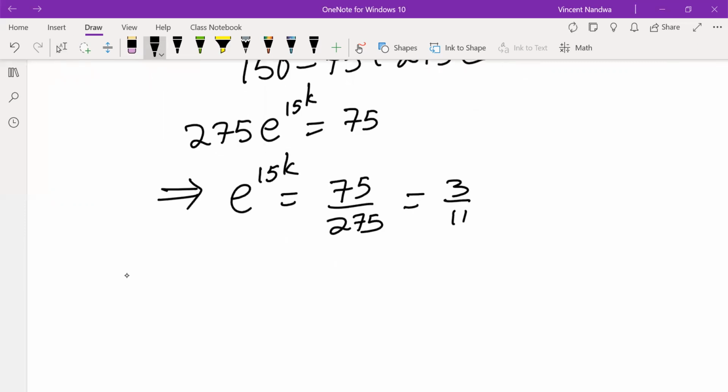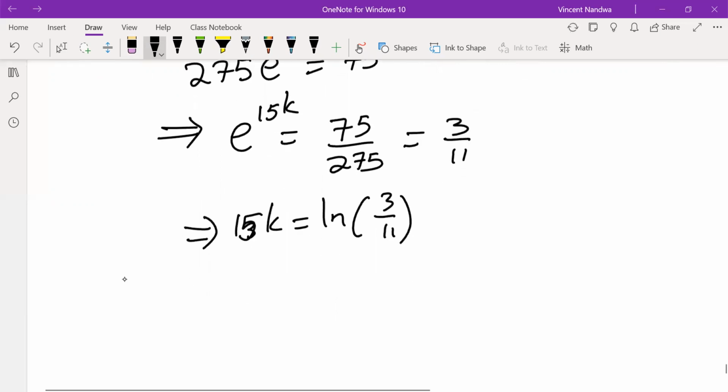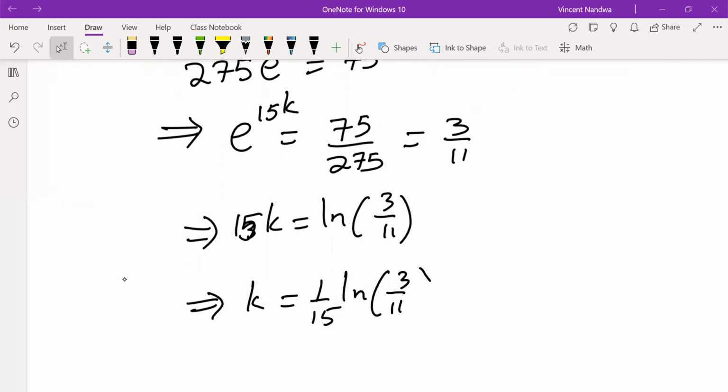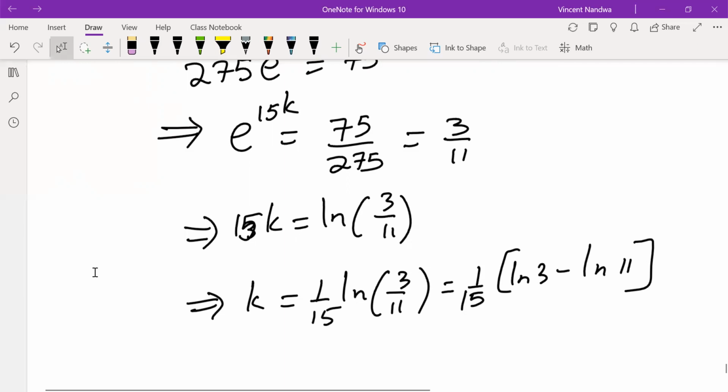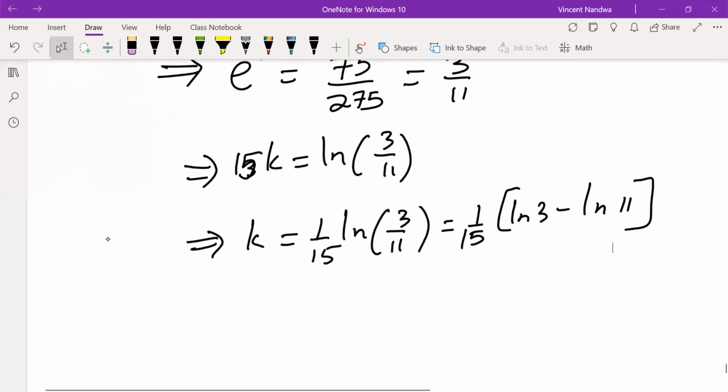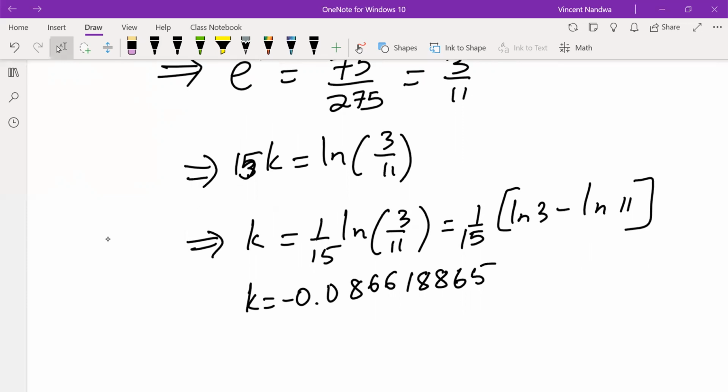Introducing ln on both sides, we have 15k equals ln of 3 over 11. So k is 1 over 15 times ln of 3 over 11, which is 1 over 15 times (ln of 3 minus ln of 11). So we get k equals negative 0.086618865.